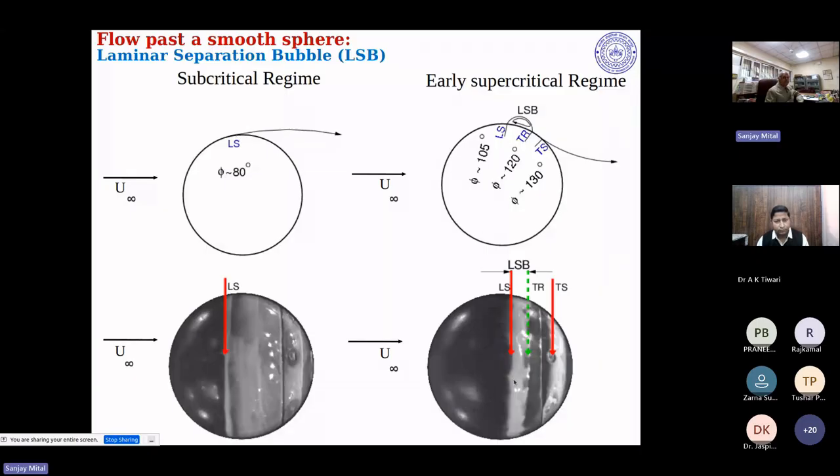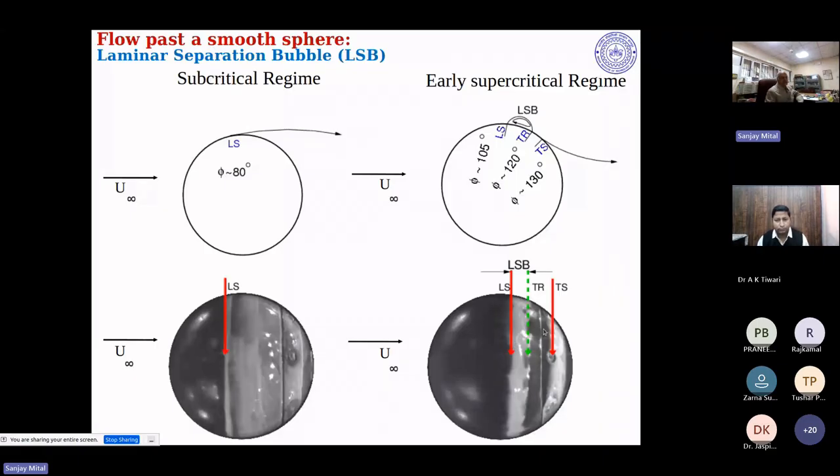On the other hand, when the boundary layer becomes turbulent, the separation point moves a little bit downstream of the shoulder, to about 105 degrees. So the oil collects here, but something magical happens. The flow again reattaches. So you can see the oil has piled up here.